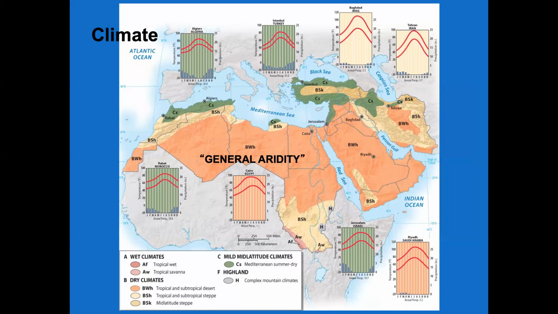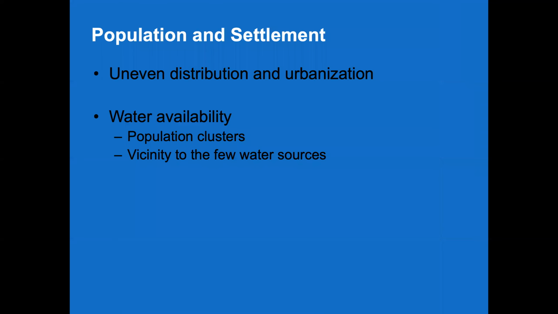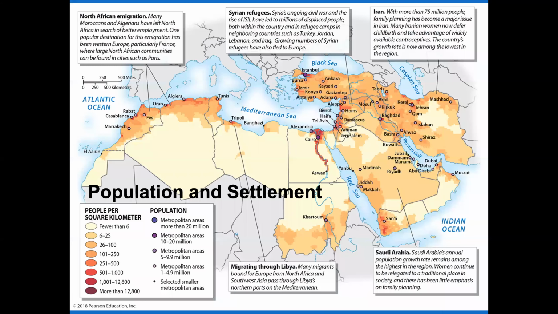Again, the climate, aridity, B climates for the most part, except for the northern edge, Turkey, and the higher plains and the higher plateaus of Turkey and northern Iran. Population is unevenly distributed, no big surprise, very few population settlements in the desert.